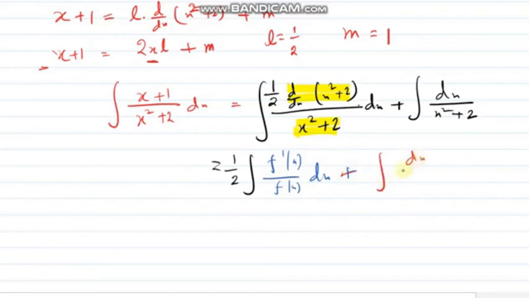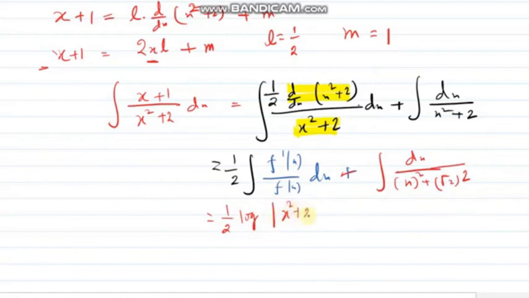For the other, I write in this format, x square plus (root 2) whole square. By this time you should know all the formulas: the integral is 1 divided by a into tan inverse of x divided by a plus c.